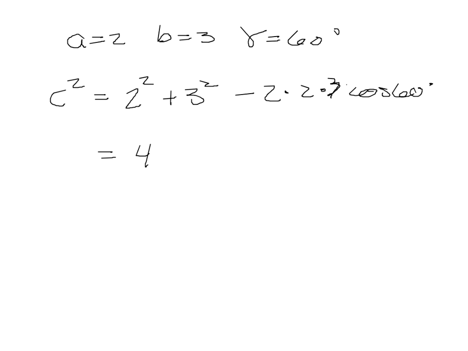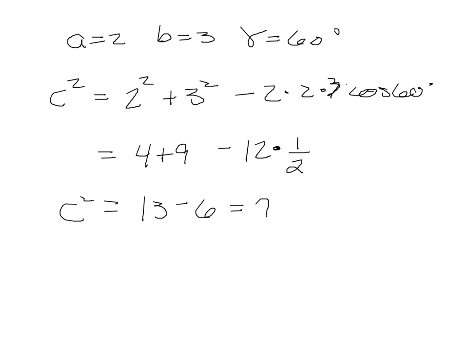So there's 4 plus 9 minus 12 times 1/2, because cosine 60 is 1/2. So 13 minus 6 equals 7. So c squared equals 7, so c equals the square root of 7. Okay, so that was the missing side.